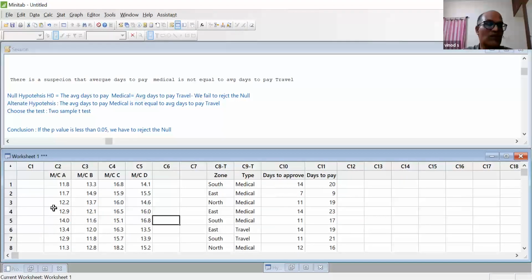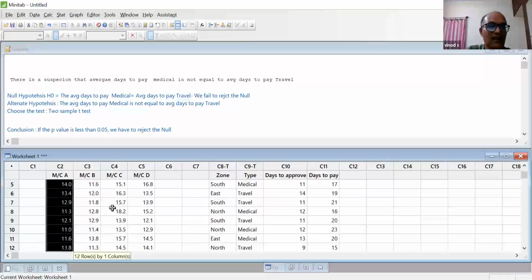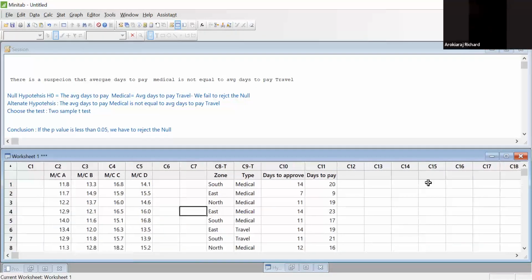But now there are some conditions for one way ANOVA. Before doing one way ANOVA, there are some conditions applicable, right? One is that the data should be normal. Do you know what the normality test is? Do you know what normality is? It means the normal distribution curve.